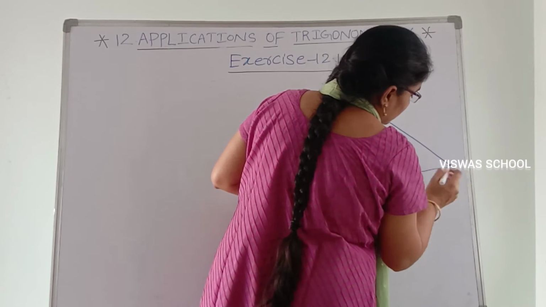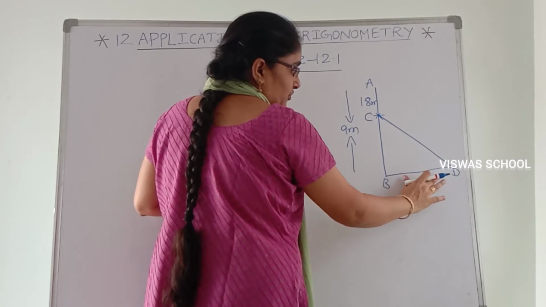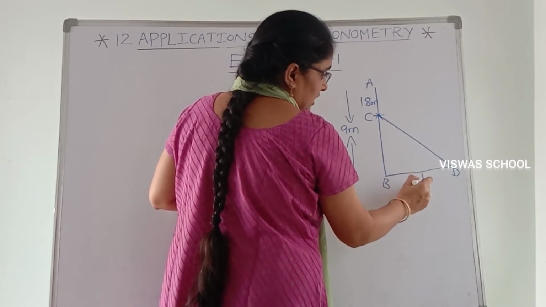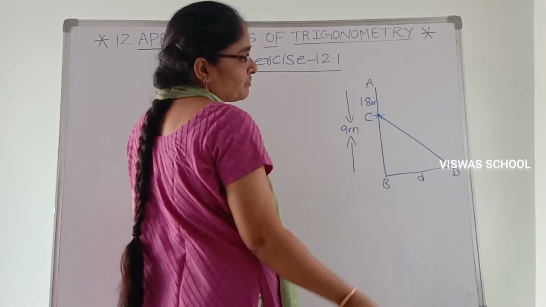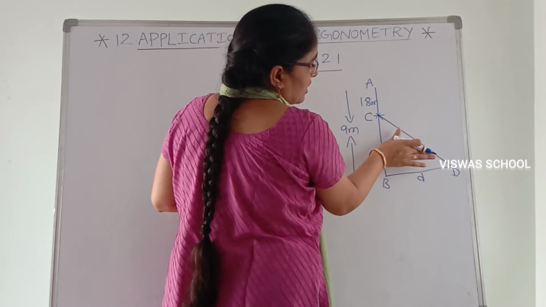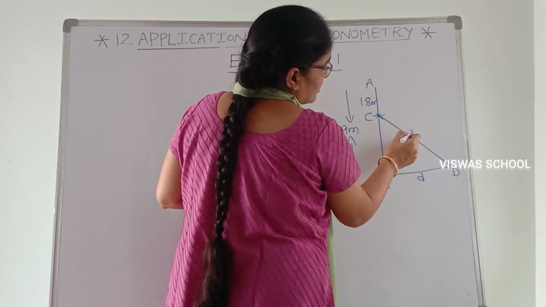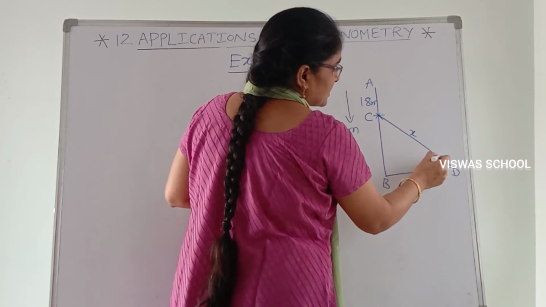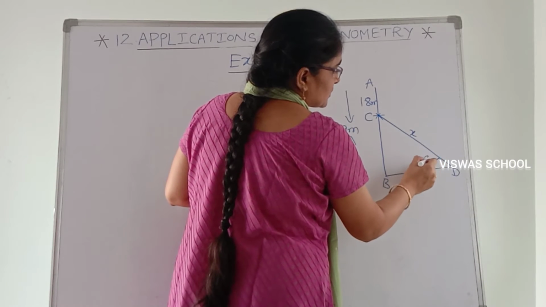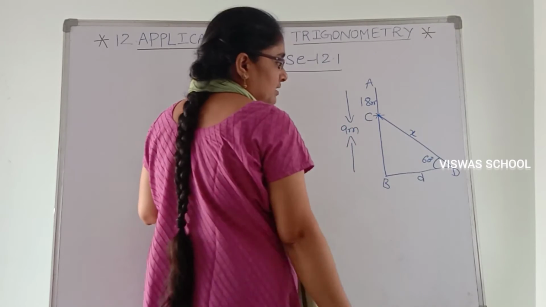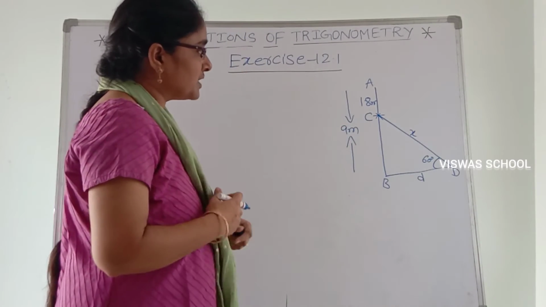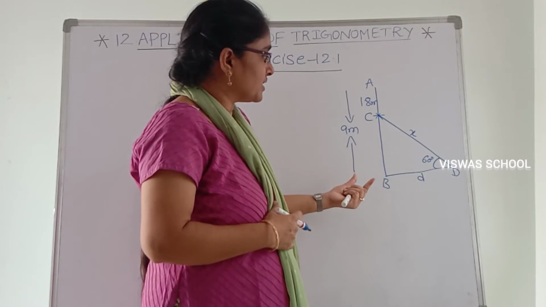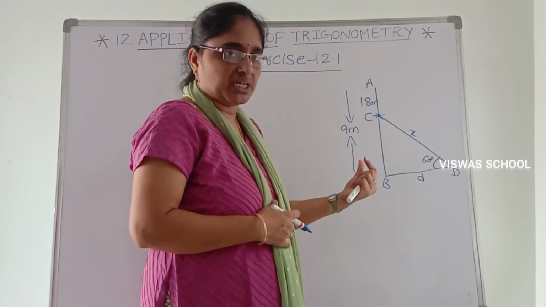I am taking this as D. And the length of the ladder I am taking as X. When he climbs up, it makes an angle of 60 degrees. By observing this, we have to find the CD and BD values.